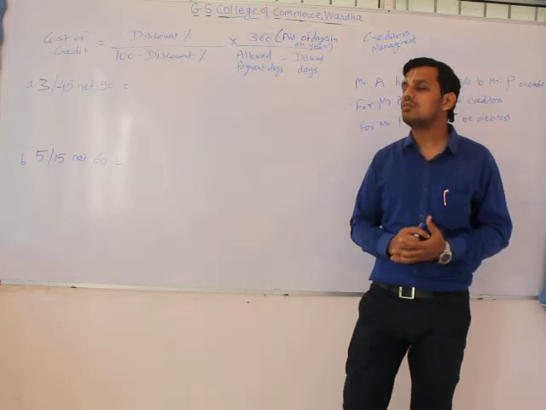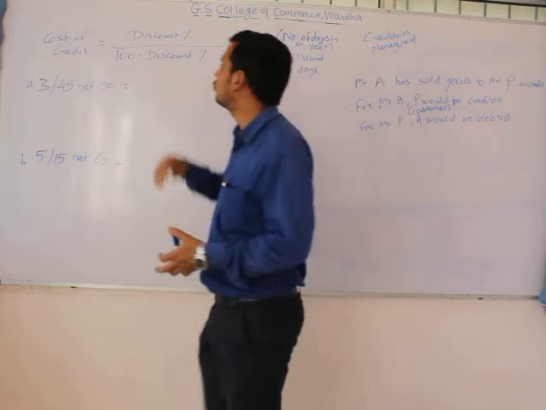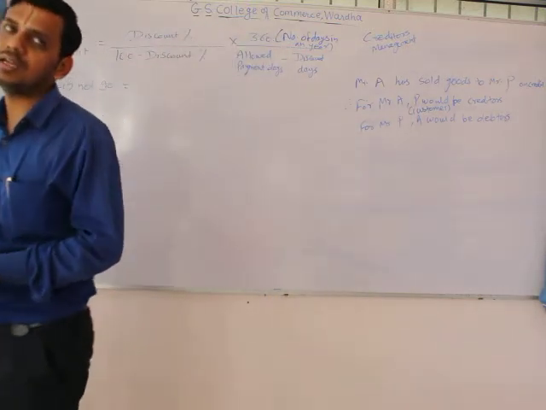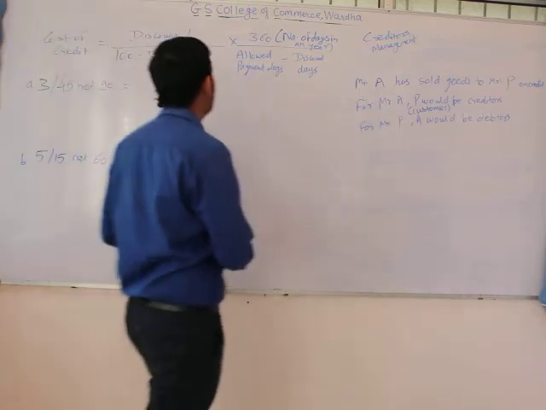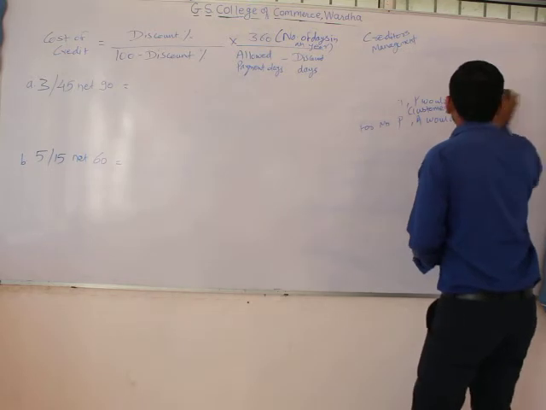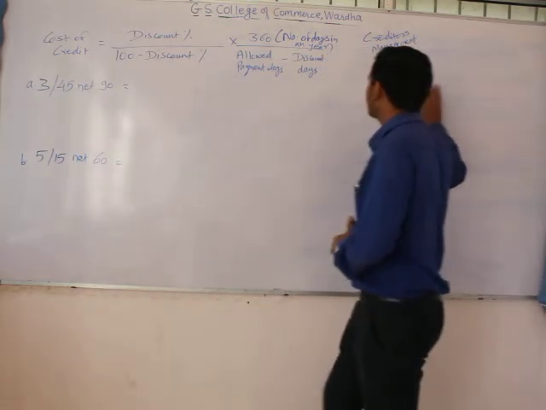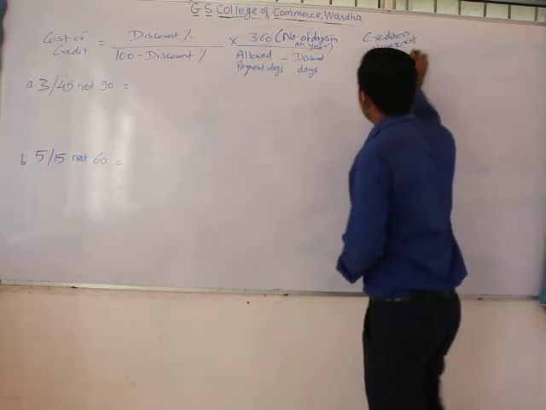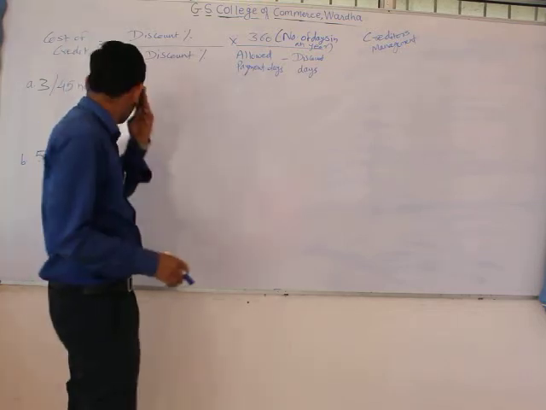Hence we would use the formula for cost of credit: discount percentage divided by 100 minus discount percent, into number of days in a year, divided by allowed payment days minus discount days.